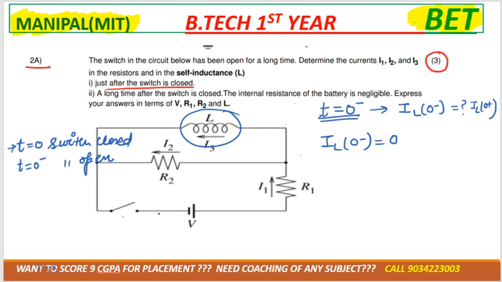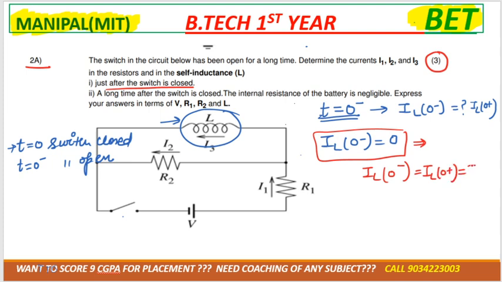If it's open circuit, then current won't be able to flow through the inductor. So we can conclude that IL of 0 minus is equal to IL of 0 plus, and that is equal to I3, which is 0. Any doubt up to here? That we get current I3 equals 0. Clear?